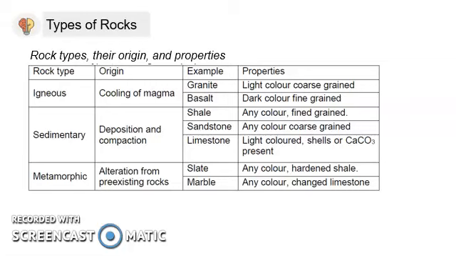So, a metamorphosed rock of shale is slate, while the marble also may have any color and it is a changed limestone. So limestone has undergone processes involving heat, stress, and pressure, and it is changed into marble.